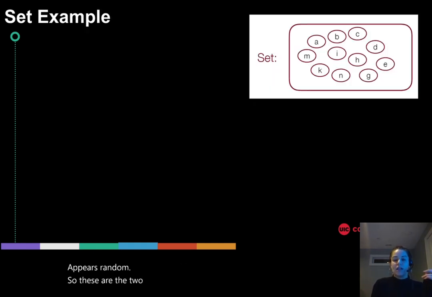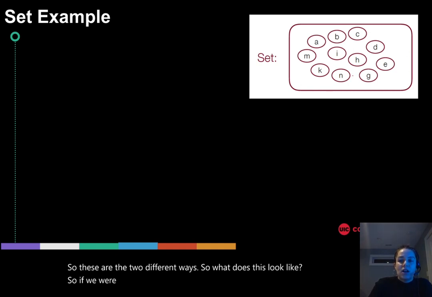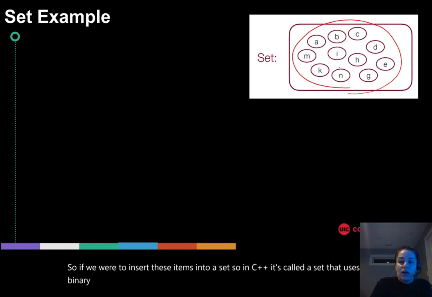So what does this look like? If we were to insert these items into a set, in C++ it's called a set and it uses a binary search tree, and we inserted in whatever order we wanted.